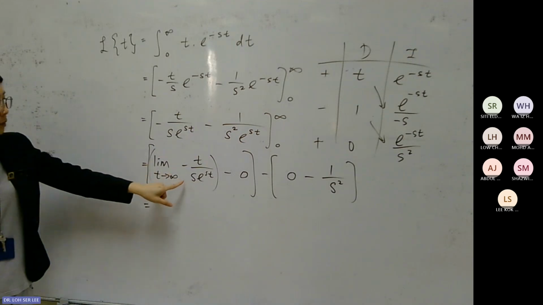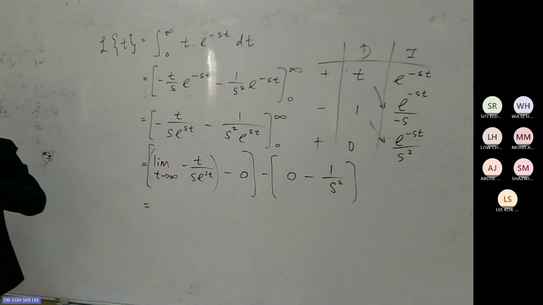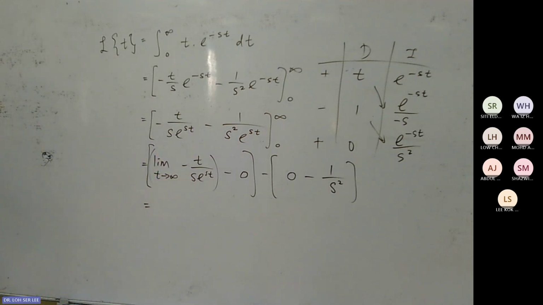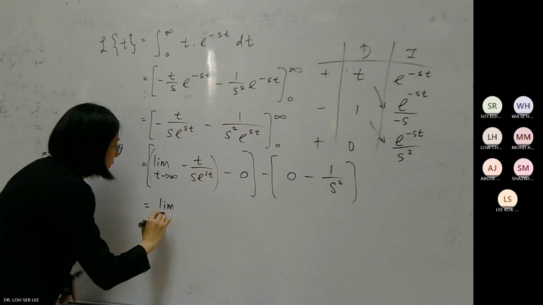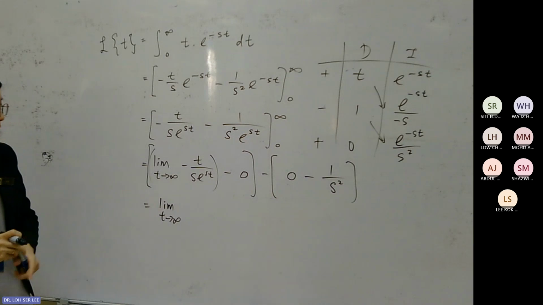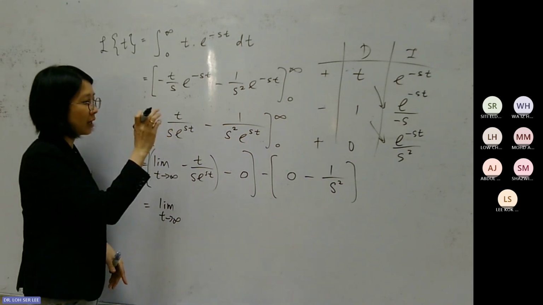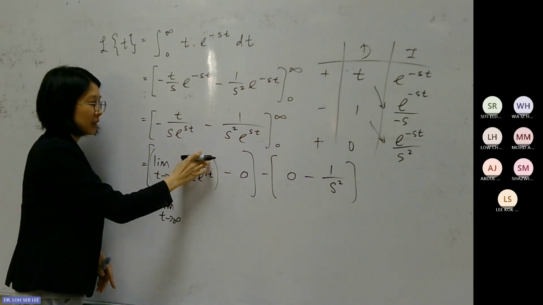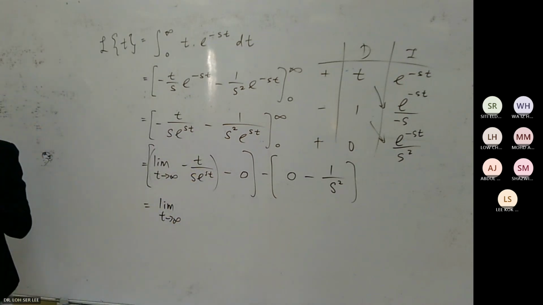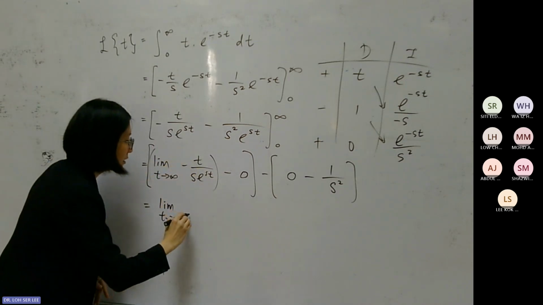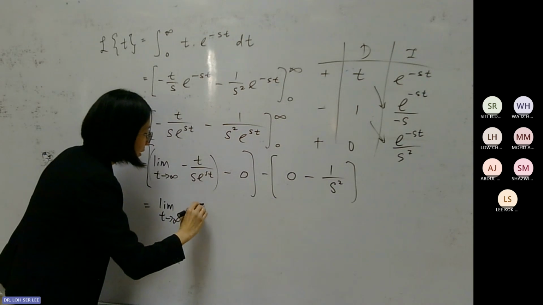For this part, because you get infinity over infinity, we have to apply L'Hopital's rule. When you apply L'Hopital's rule, it means that we differentiate the numerator and denominator separately. Differentiate t, you get 1.